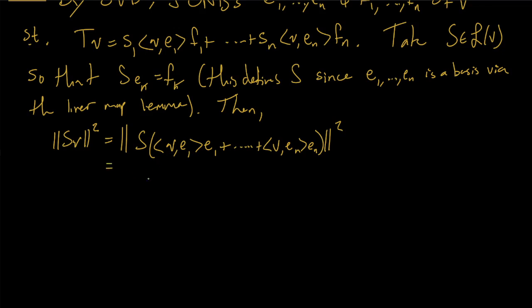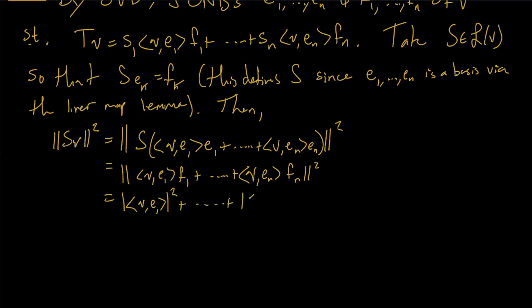Okay, now I'm just going to use linearity to pull these coefficients out. And notice that S takes e_k to f_k. Okay, so this just turns into the norm of <v, e1> f1 plus ... all the way down through <v, en> fn, squared. But hey, f1 through fn, that's an orthonormal basis. So what is this norm? It's just the sum of the squares of the absolute values of the inner products <v, e1> through <v, en>.